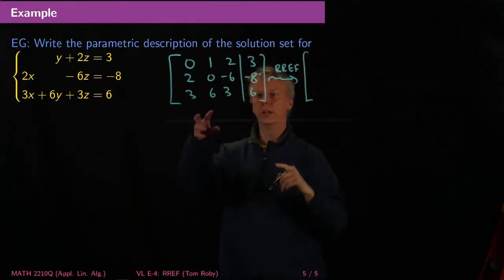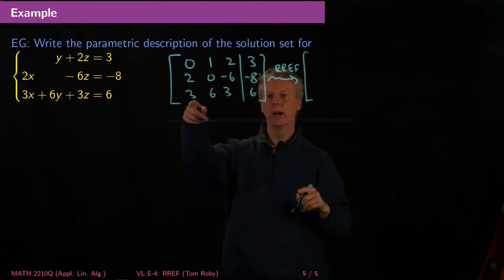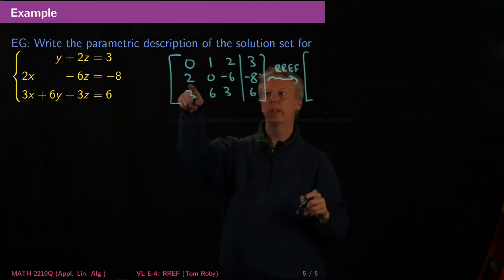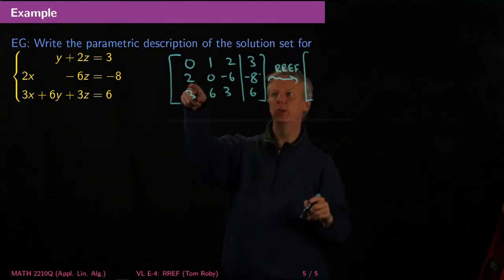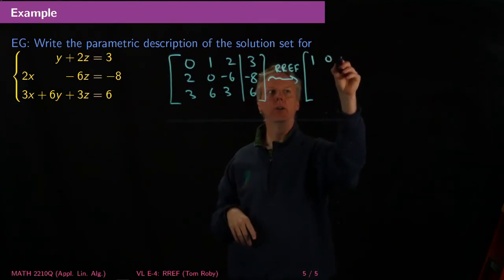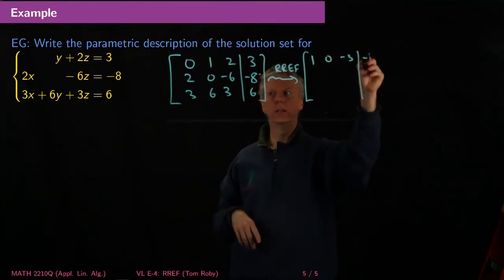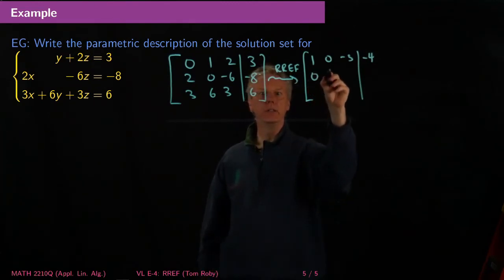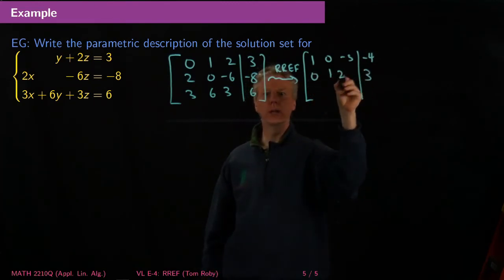Well, I guess we'll divide this by 2 and move it up, so we'll end up getting 1, 0, minus 3, minus 4, and then we'll have 0, 1, 2, 3.